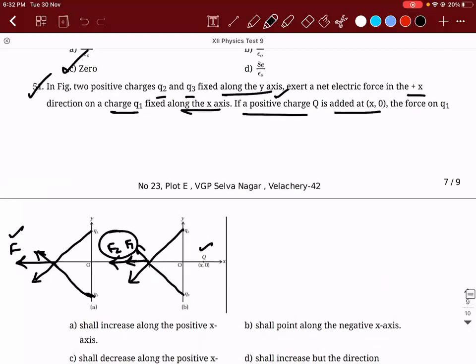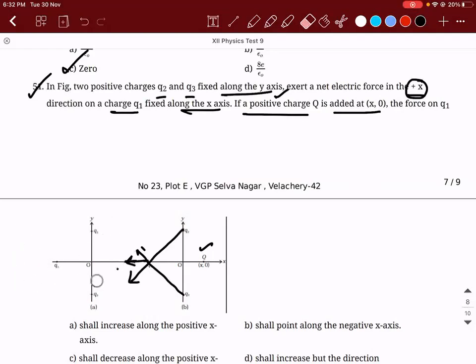One minute. Two positive charges, Q2 and Q3, exert a force, oh, I'm sorry, exert a force in the positive x direction. Sorry, I thought I read it as x direction. Means what is happening? Then what is the nature of charge Q1, guys? It is a negative charge. Only then it can experience a force in this direction.